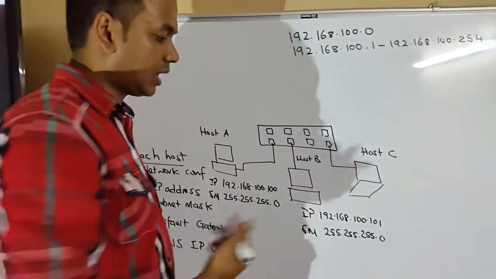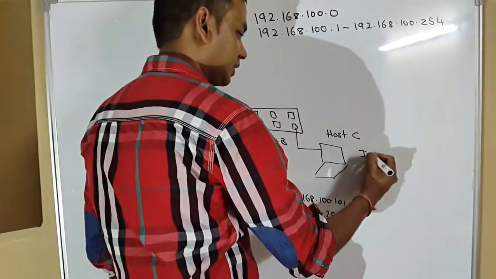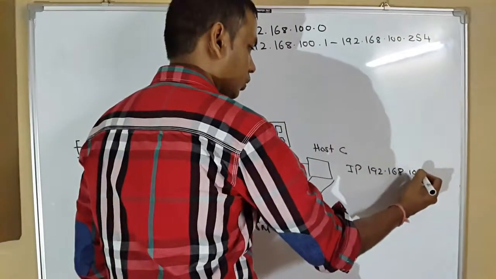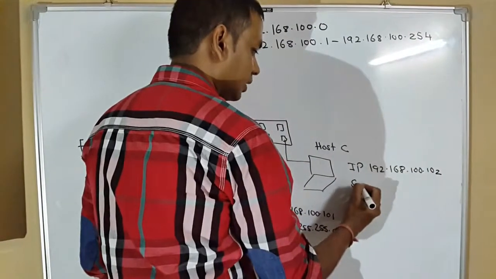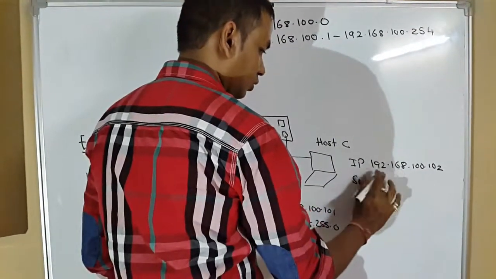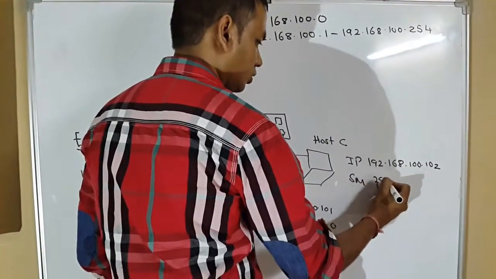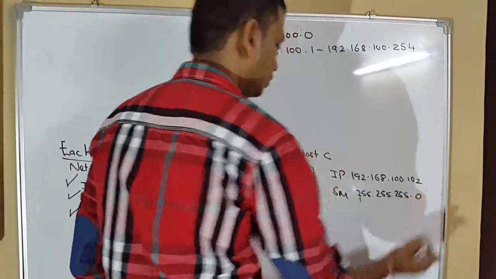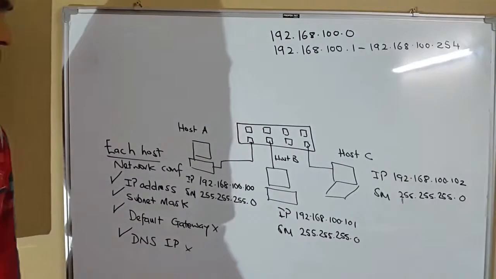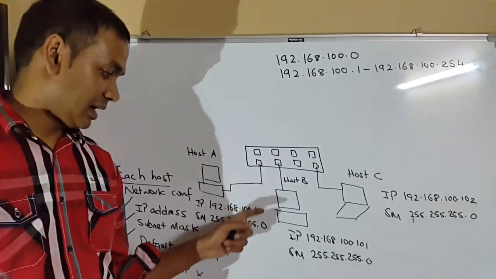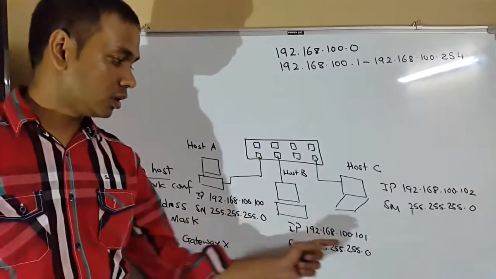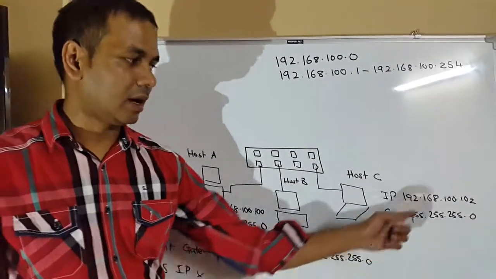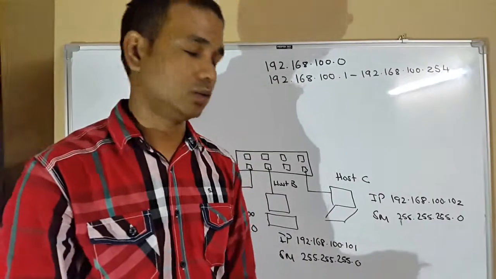For the third host, I will assign 192.168.100.102, with subnet mask 255.255.255.0. So host A has IP address .100, host B has .101, and host C has .102.